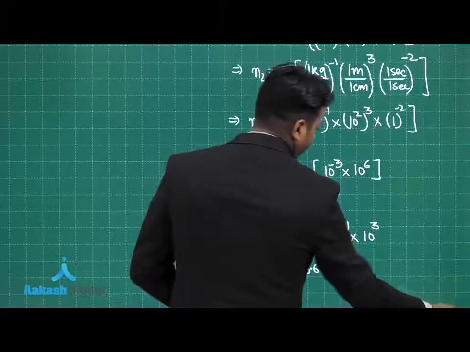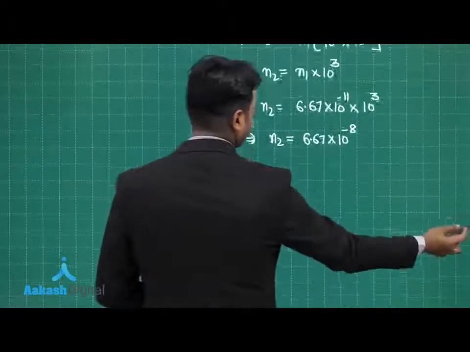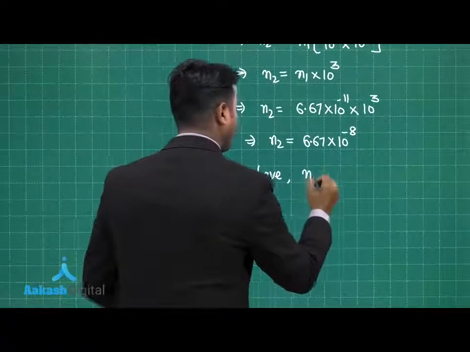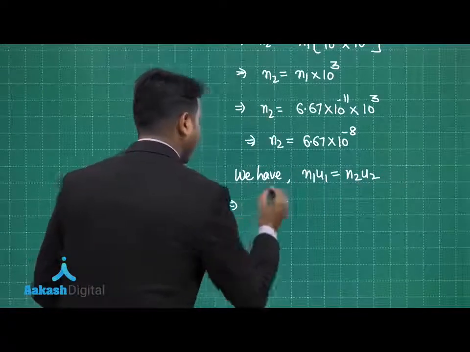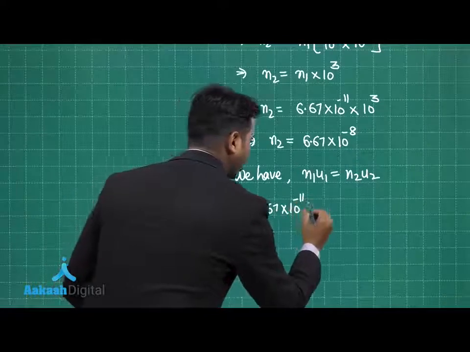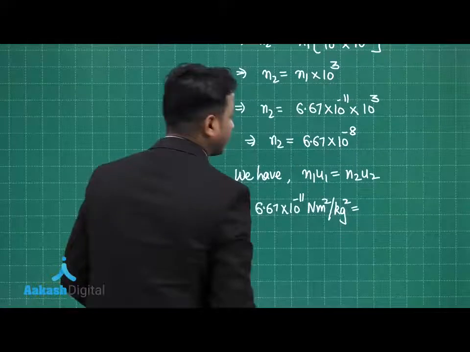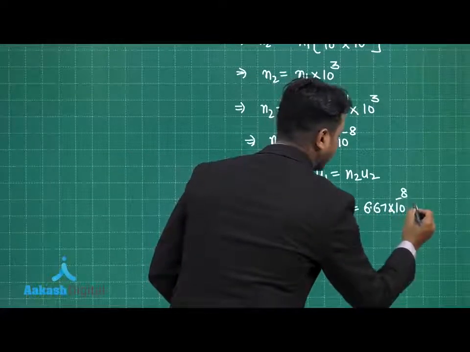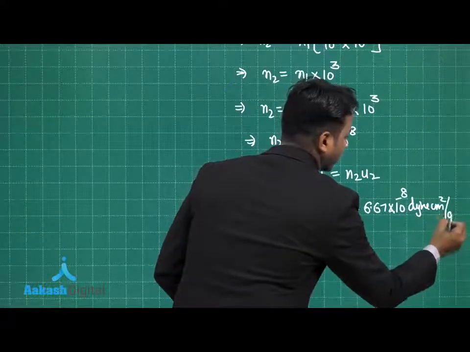And if I move forward and want to write down the final units, so what do we have? We have N1 U1 as N2 U2. So you must remember that 6.67 into 10 to the power minus 11 Newton meter square per kilogram square is equal to 6.67 into 10 to the power minus 8 dyne centimeter square per gram square.